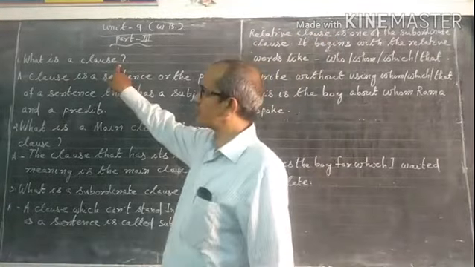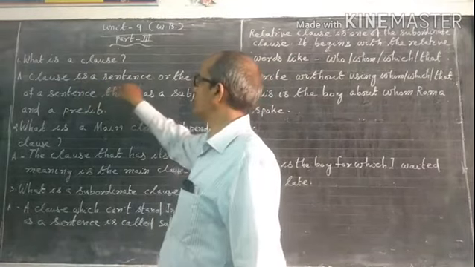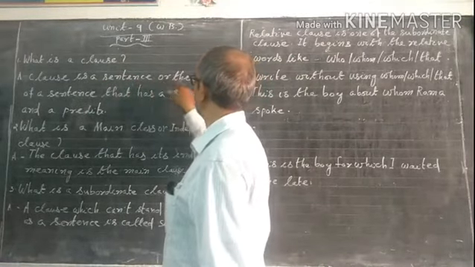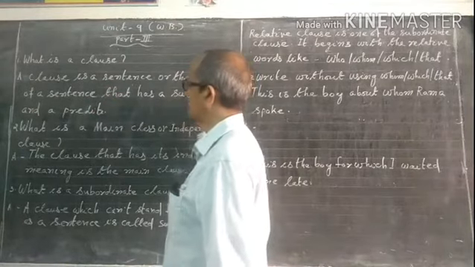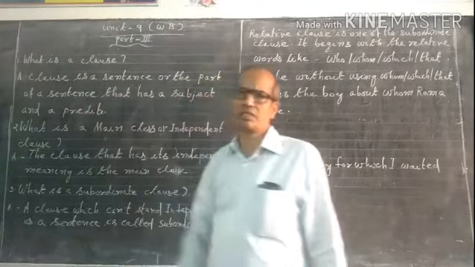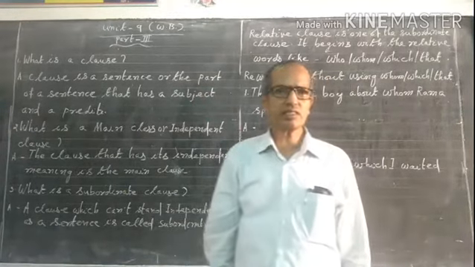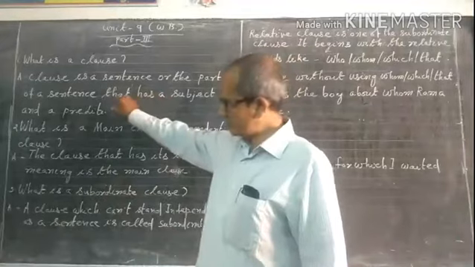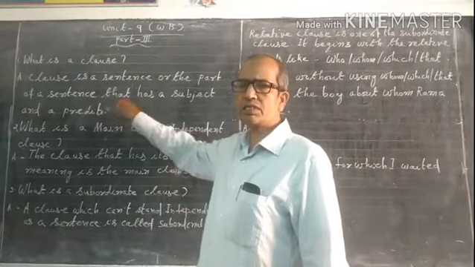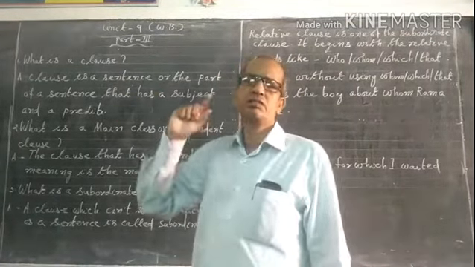What is a clause? A clause is a sentence or the part of a sentence that has a subject and a predicate, and it has independent meaning. That which has independent meaning is called the main clause.